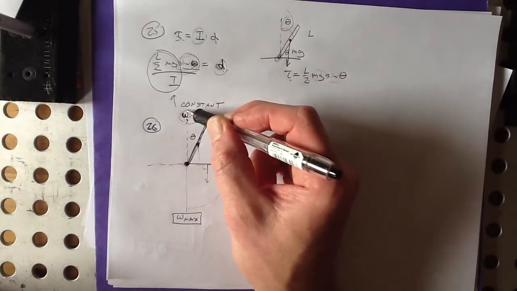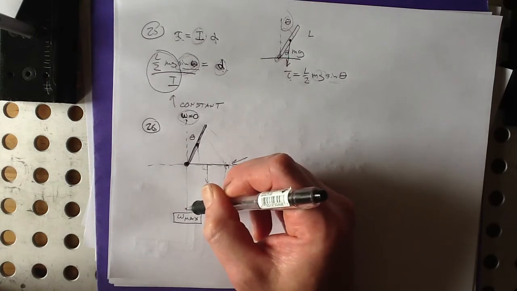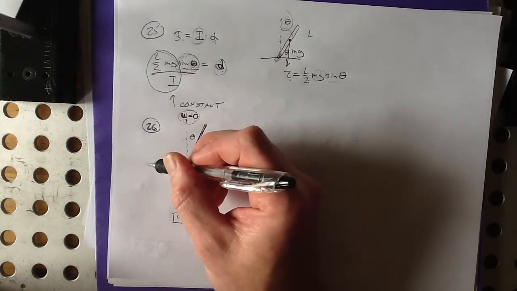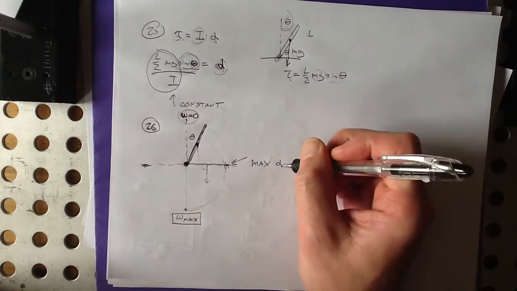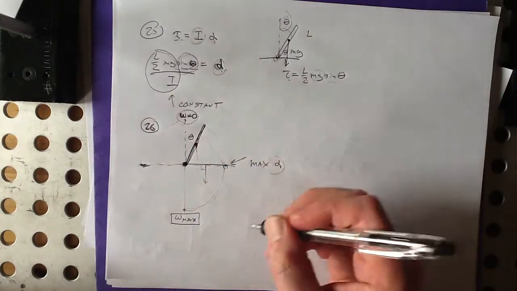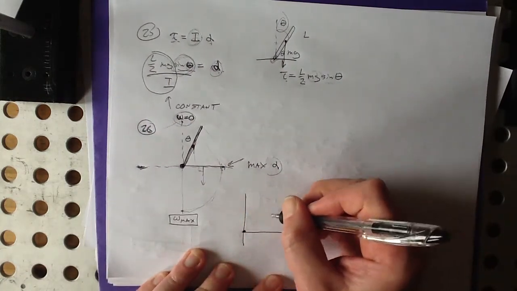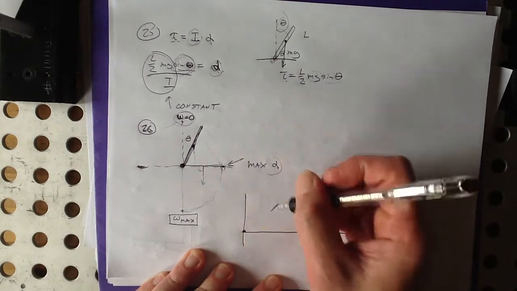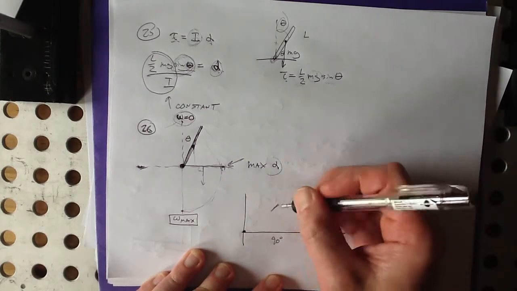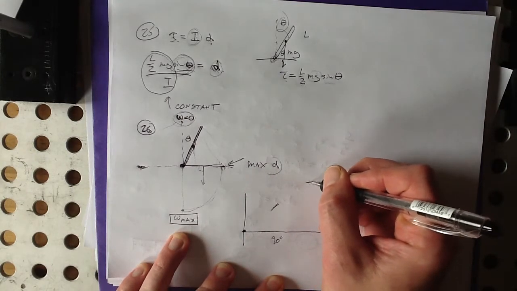So this is 0, and then it gets to the steepest point here, and then to its maximum, and then here it would be steep again, and then back to 0. So I'm picturing something that looks like this. It's 0, it gets to its steepest point here at 90 degrees, it gets to its maximum here, and then to its steepest.